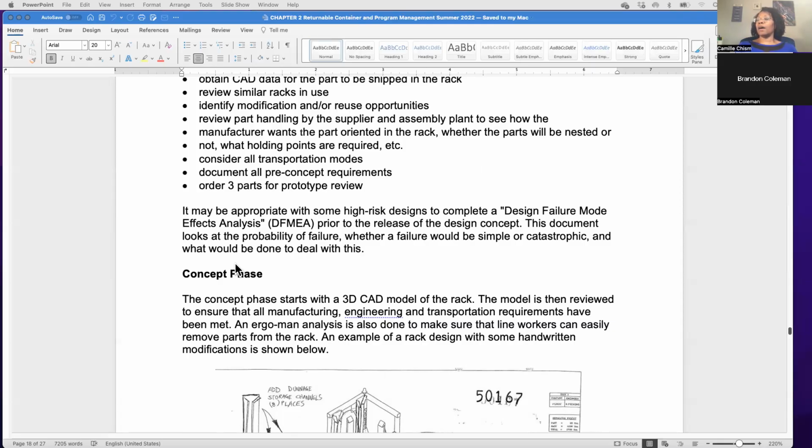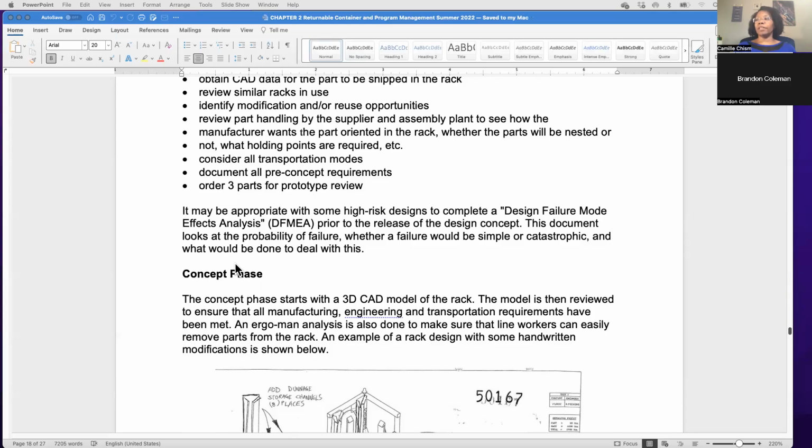If you find out the failure mode on this part is that it can't get wet, or can't take vibration, or is sensitive to electrostatic discharge, or is really sensitive to being dropped at a really low height.